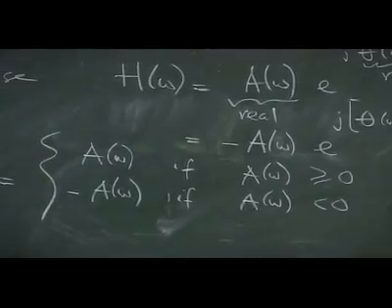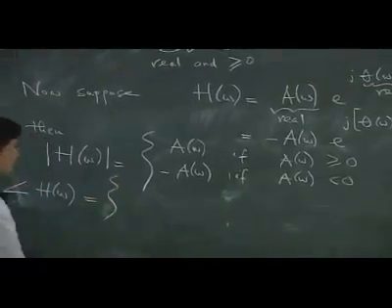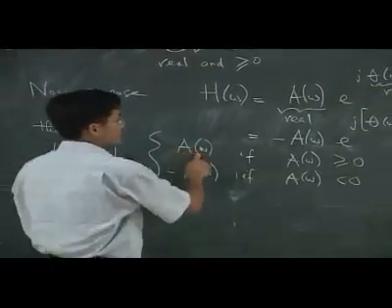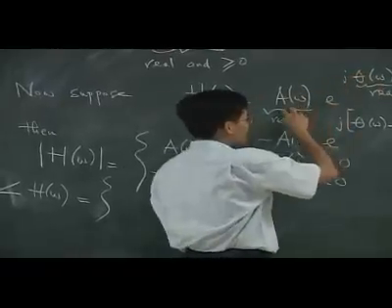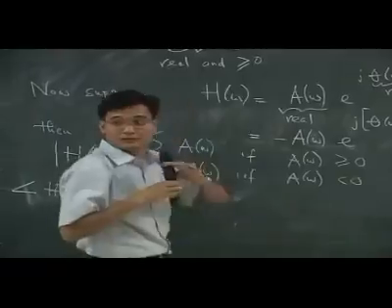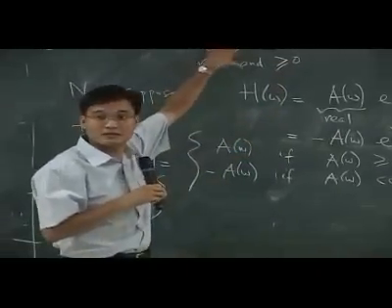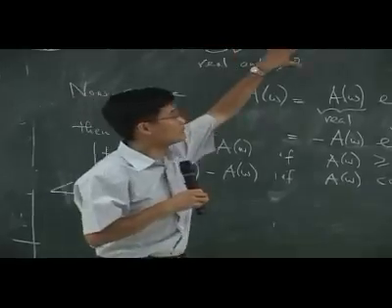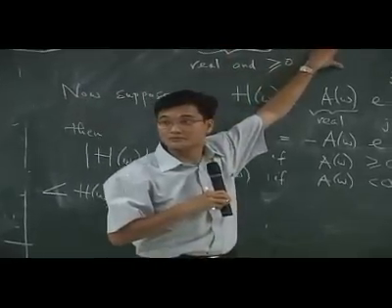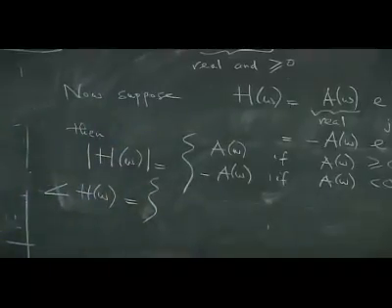And then the phase of H of omega will be equal to, well, in that case I can use this form, because it's real and positive. So that must be the phase. Right? That's the fact, right? Any complex number is uniquely represented by a real non-negative number multiplied with this exponential. Right? Because that's just the polar coordinate system.